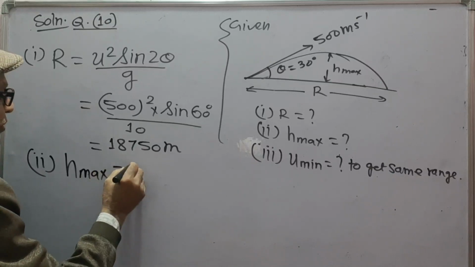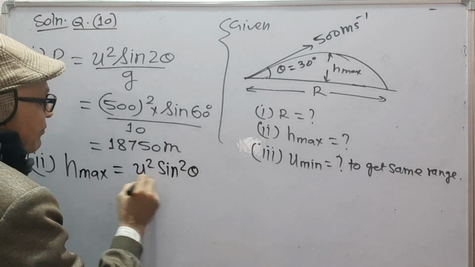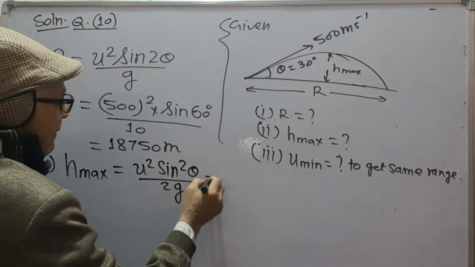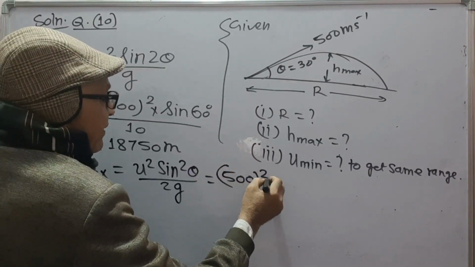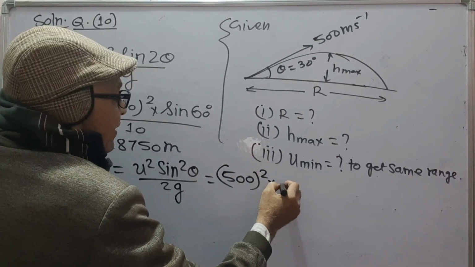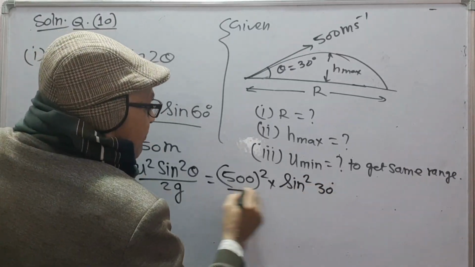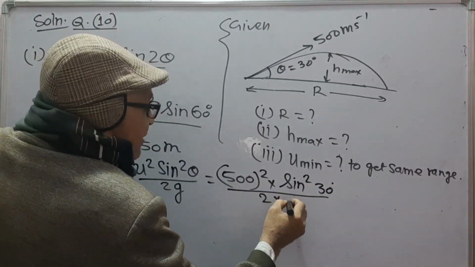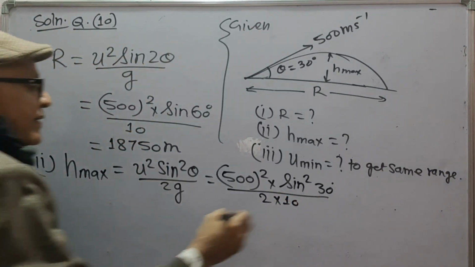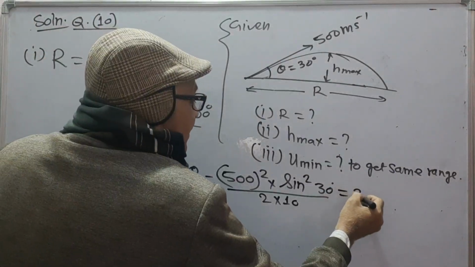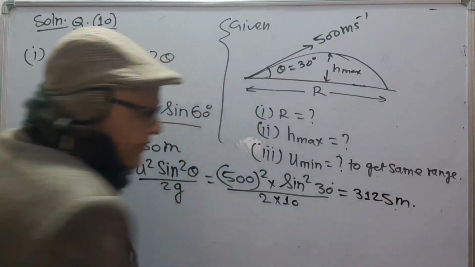H max is equal to u square sin square theta upon 2g. Therefore 500 square sin square 30 upon 2 into 10, g means 10, which gives 3,125 meters.